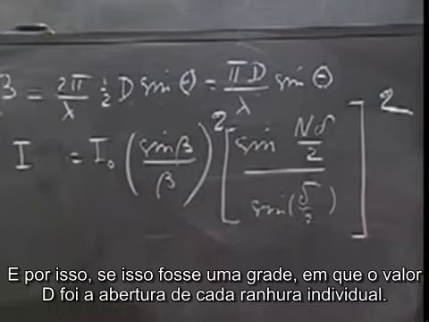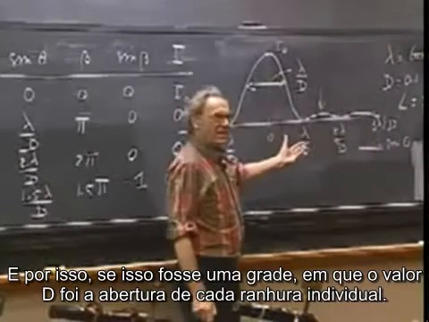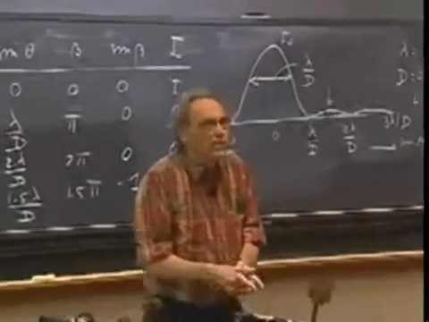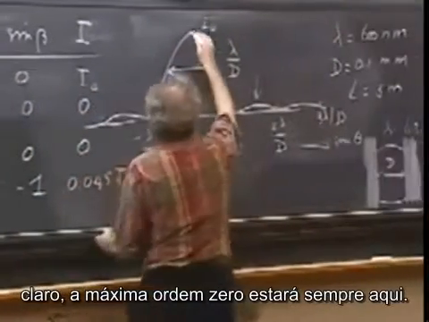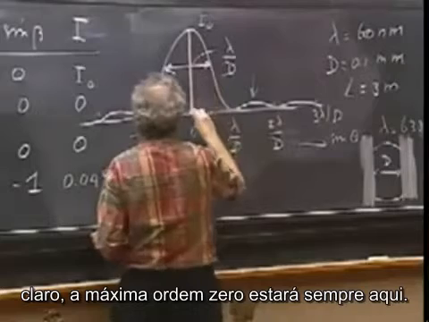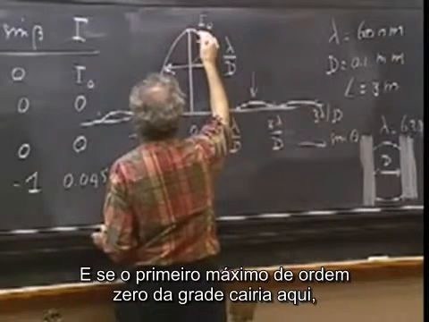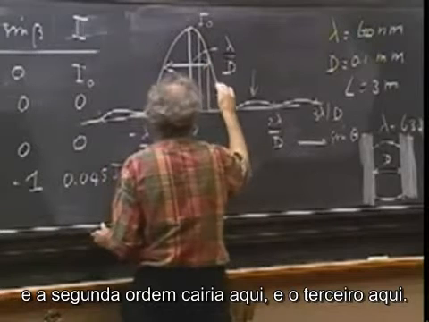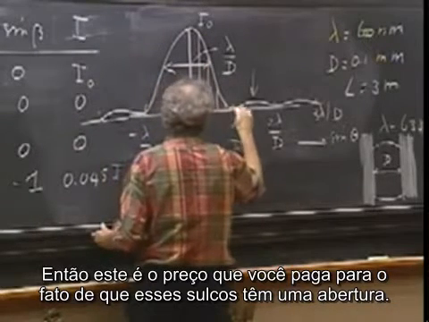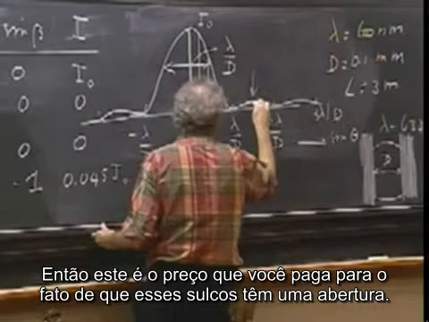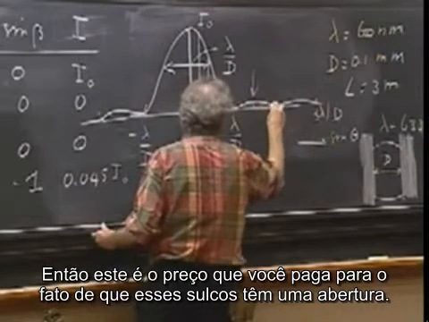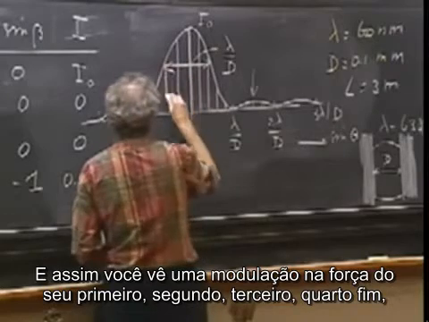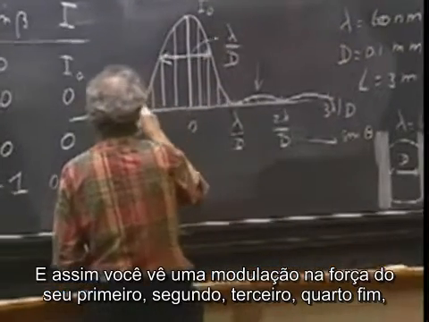And so if this were a grating, whereby capital D was the opening of each individual groove, the zero order maximum will always be here, the first order maximum of the grating would fall here, and the second order here, and the third here. This is the price you pay for the fact that these grooves have an opening. And so you see a modulation in the strength of your first, second, third, fourth order, and so on.